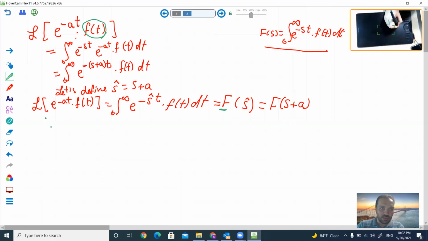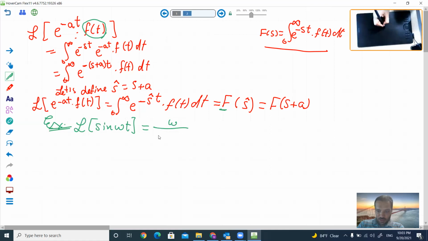Okay, this is a new example to apply this feature of Laplace transform. So this is a very useful feature. We know that the Laplace transform of sine omega t will be omega divided by s squared plus omega squared.